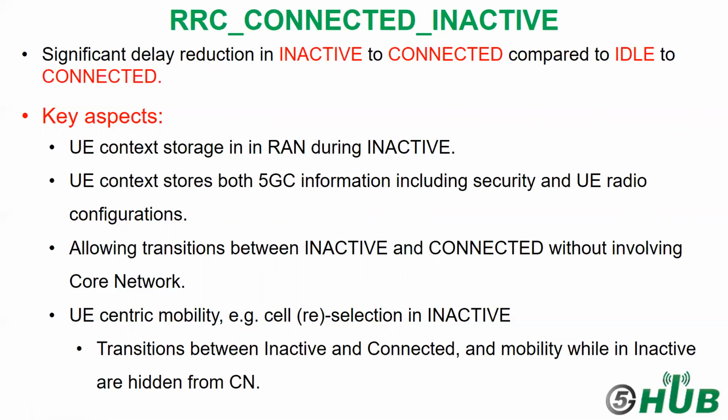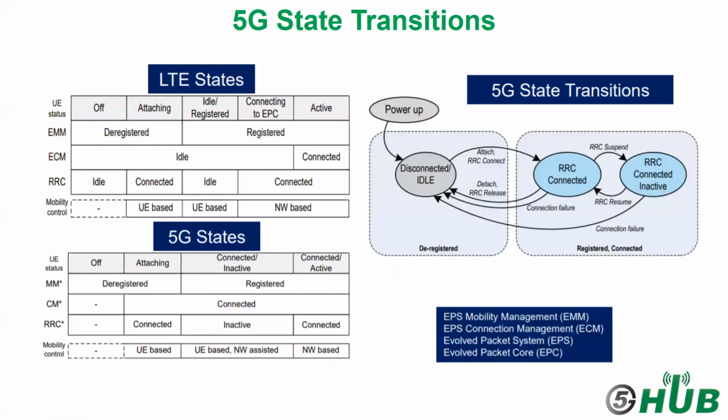But what about the 5G state transition in comparison to 4G state transition? A user equipment is in RRC connected state or inactive state when an RRC connection has been established.